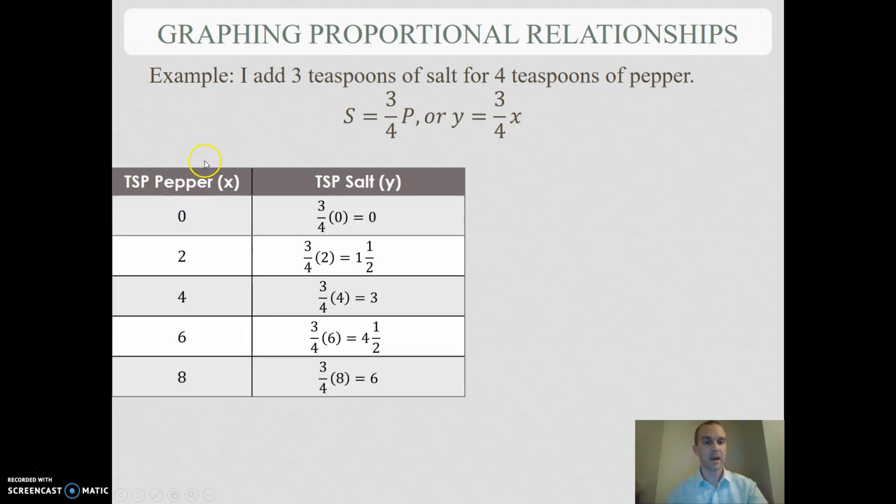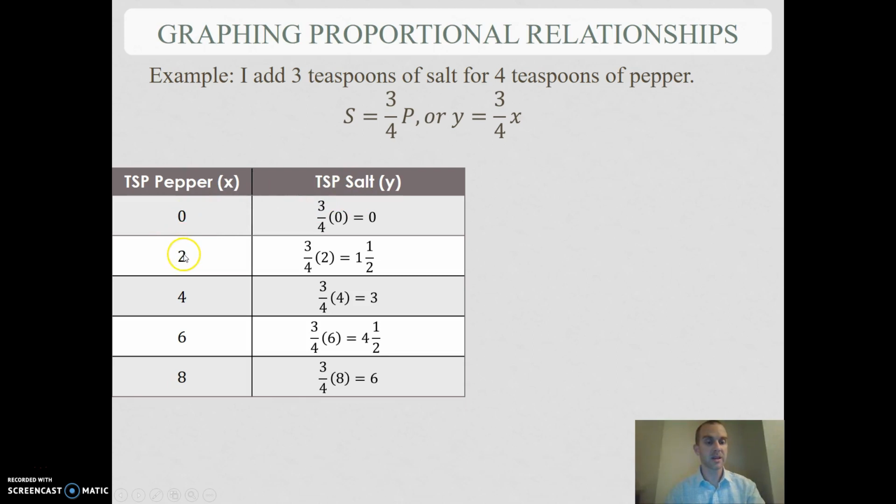So here I have a table with the same data we've already had, except now I've added 0 and another point of 8. We know that if we put 0 teaspoons of pepper, we're going to put 0 teaspoons of salt, which is one of the nice things about the direct variation equation, especially in a real-world situation. These proportional relationships will always start at 0, 0, because without any pepper, we have no salt. Now let's look at what happens as we go from one amount to the next.